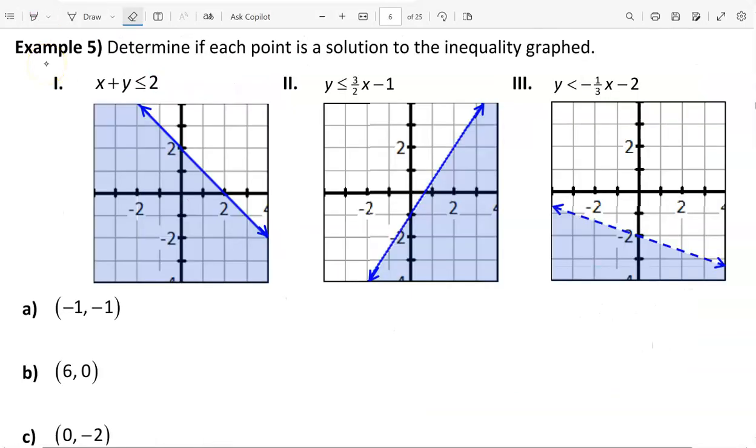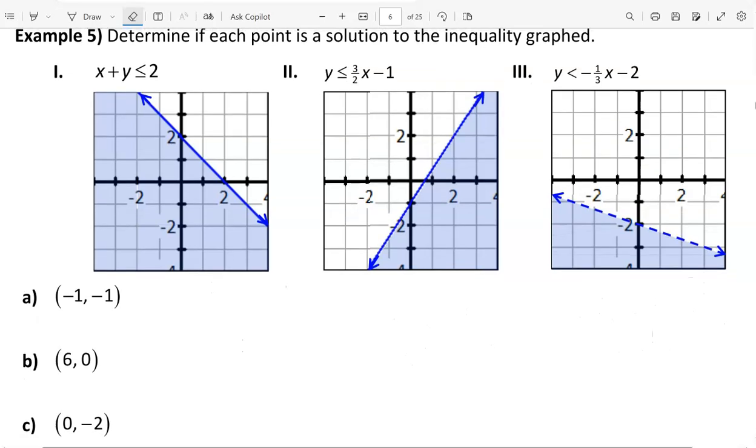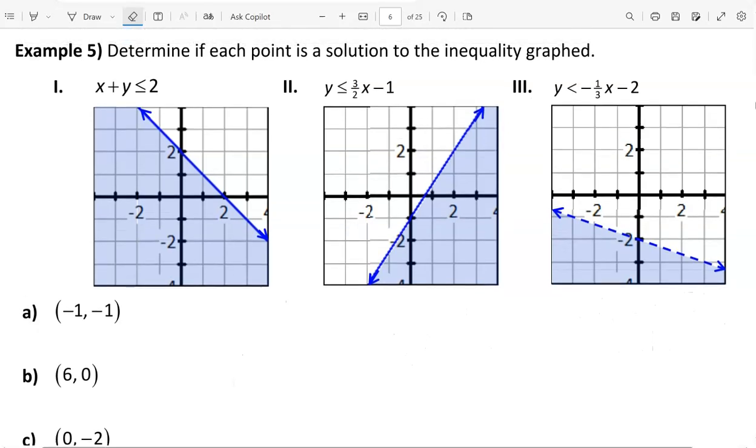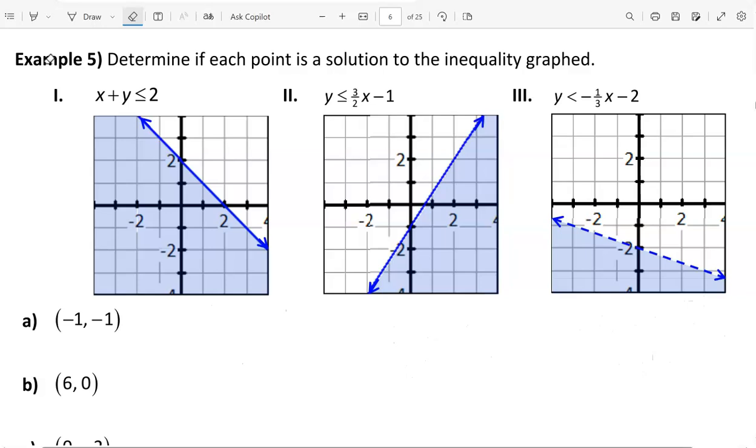In example 5, we are looking to see if each point is a solution to the inequality that's graphed. And we see each inequality's graph in Roman numerals 1, 2, and 3. So to test the point -1, -1, I'm going to look and see if it's part of the shaded region.